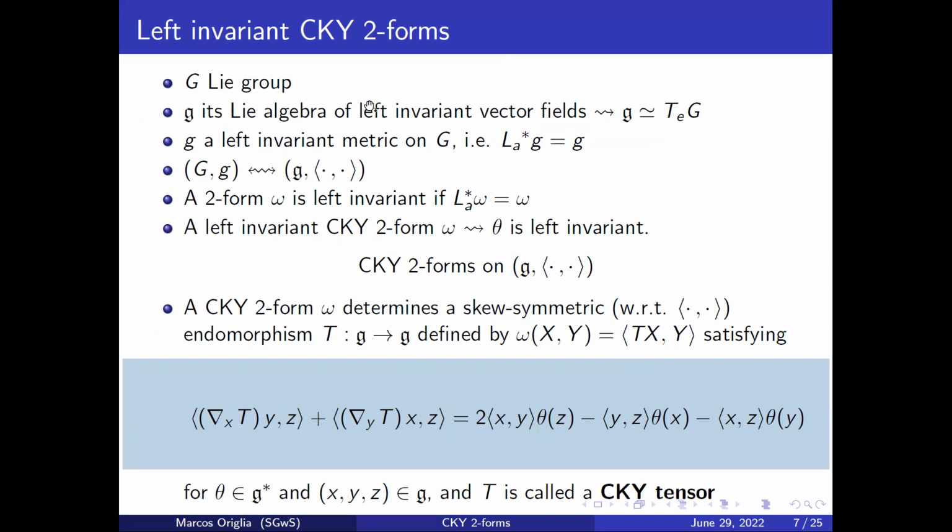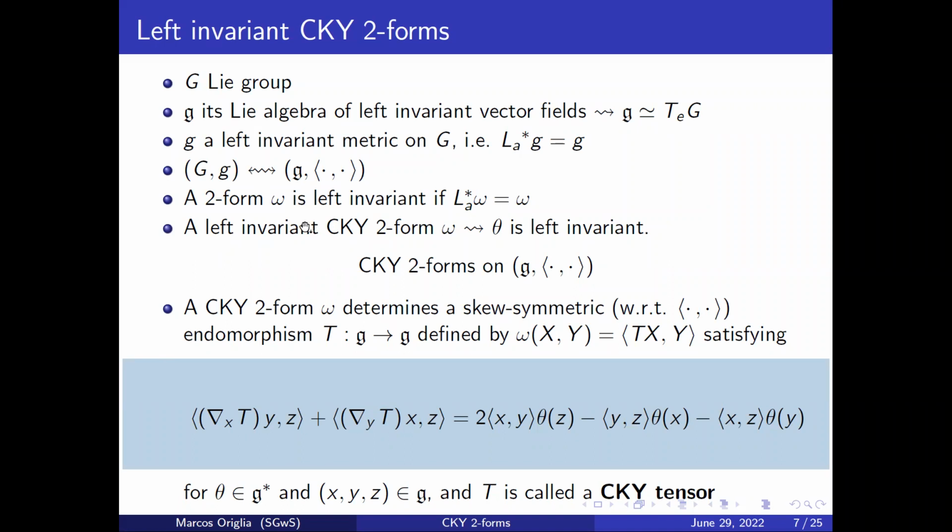The Gothic g will be its Lie algebra. As usual, we have a left invariant metric, and we have this relation between left invariant metric and inner product in our Lie algebra. Our two form will be left invariant if it satisfies this condition. L_a is the left multiplication by a.